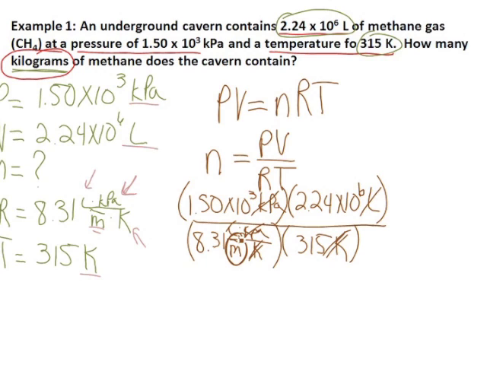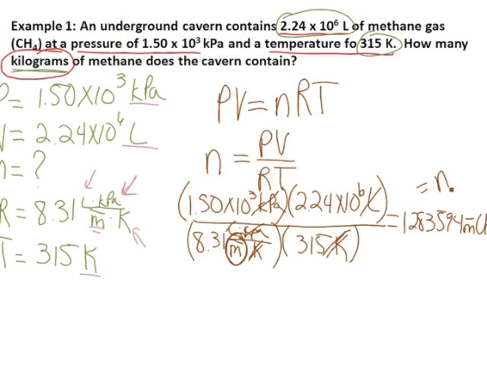And our answer turns out to be this crazy number that looks like this in your calculator, 1,283,594 moles of CH4, and that's equal to N.